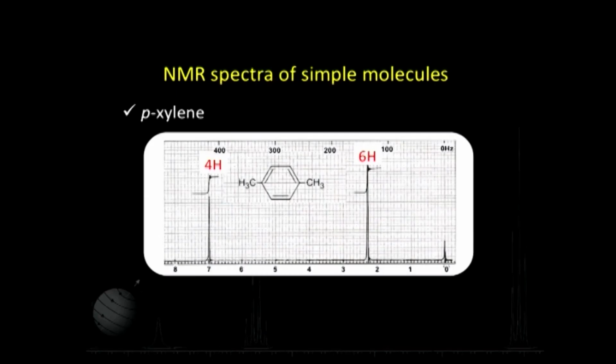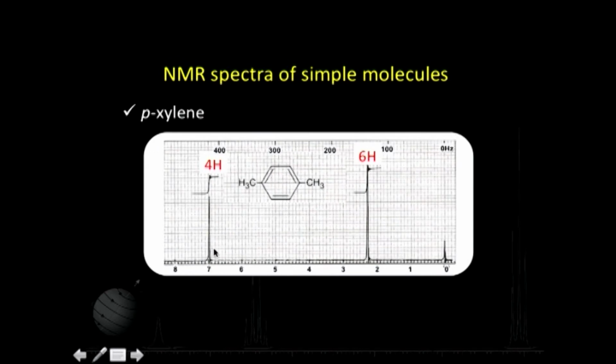Let us move further, look at the spectra of paraxylene. Paraxylene is this molecule, we all know that. Now, what you find is here again I am getting only two signals there. One is for 6 protons, one is for 4 protons. 6 protons are coming because of these 2 methyl groups over there. And why are we getting 2 lines here? Because this is a highly symmetric molecule. So, because of symmetry, if I just have an axis of symmetry over here, all these 4 protons of the aromatic part here, they all are equivalent.